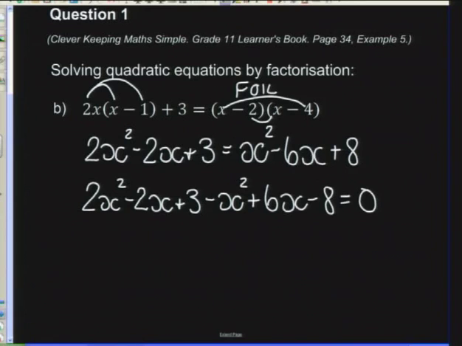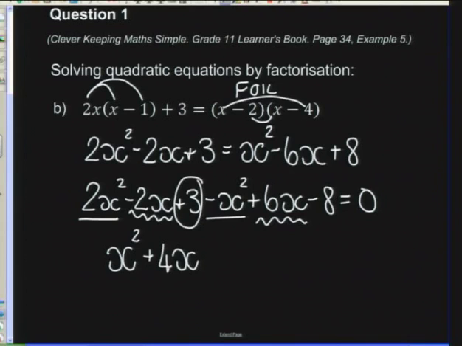Okay, let's just add up like terms here. I've got a 2x squared minus a 1x squared, which is going to leave us with just x squared. I have got a negative 2x plus 6x, which is going to give us positive 4x. And I have got a positive 3 minus 8, which is going to leave us with negative 5.